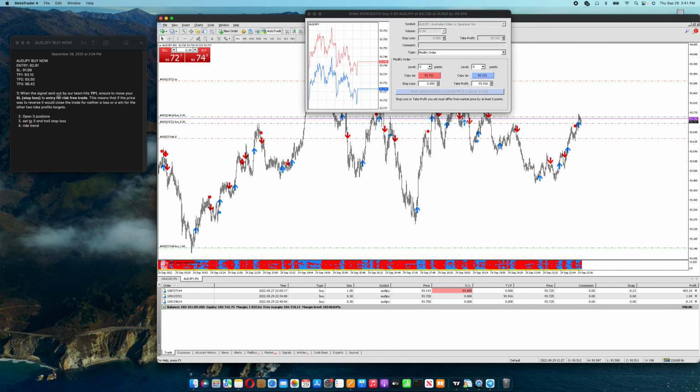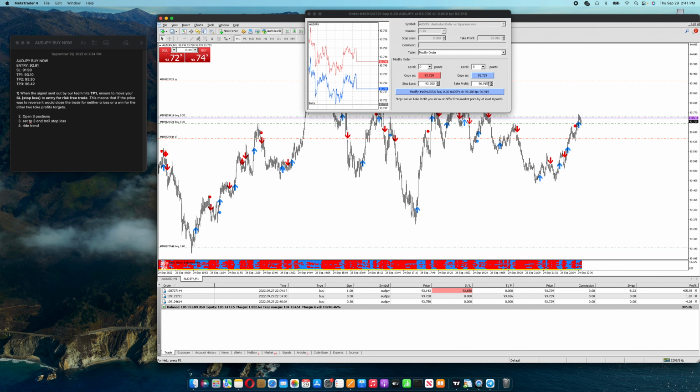If we got a signal late, how do we get in? All right, cool. That means we're in between TP2 and TP3. So now that I entered, my stop loss is going to be, guess what? TP2, 93.30. All right. My take profit is going to be 96.42.